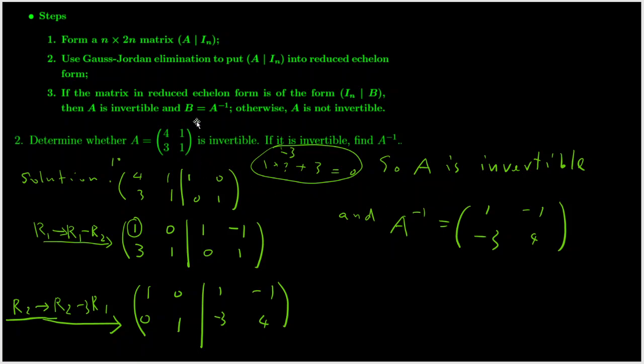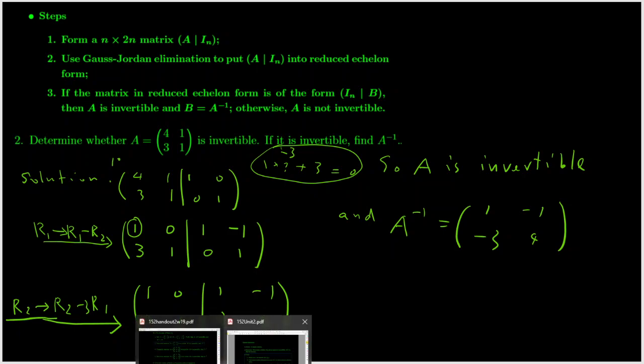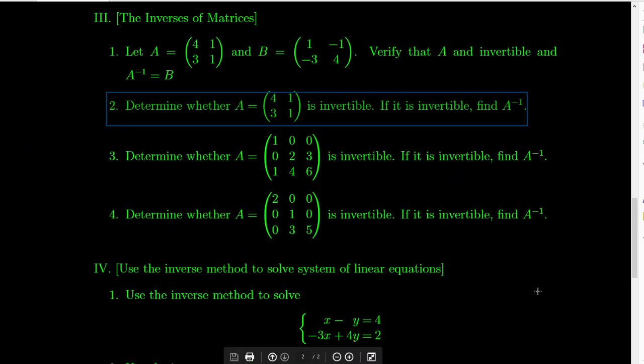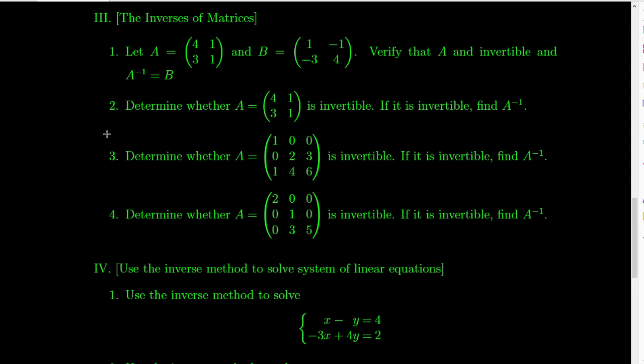By square, I mean the number of rows is the same as the number of columns. It's kind of a square array of numbers. If you don't have any questions, then we move on to do some more complicated questions. We move on to question 3.